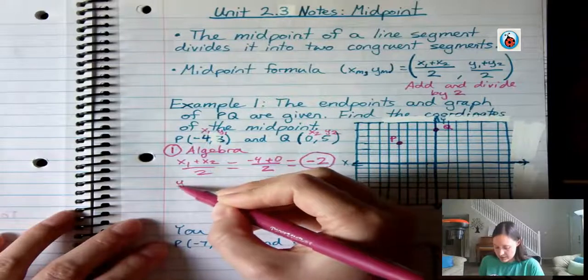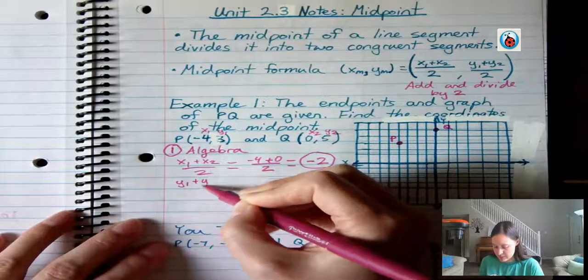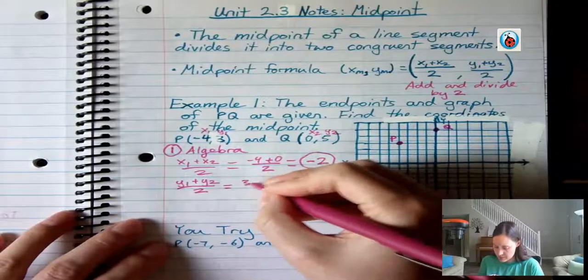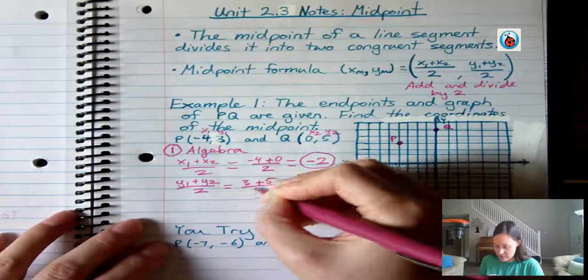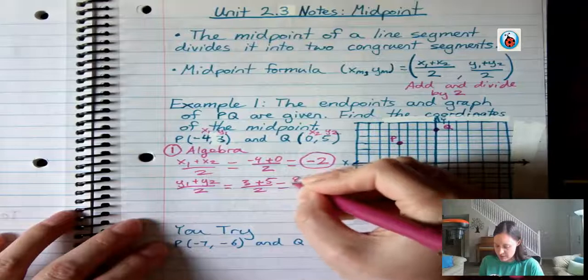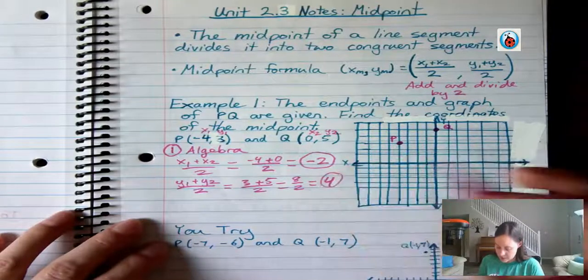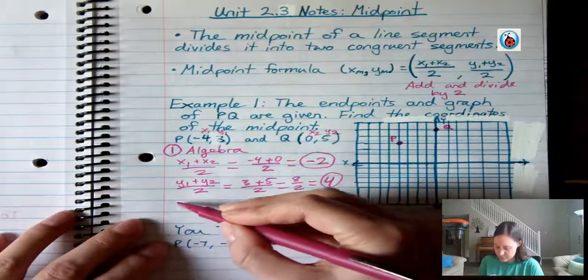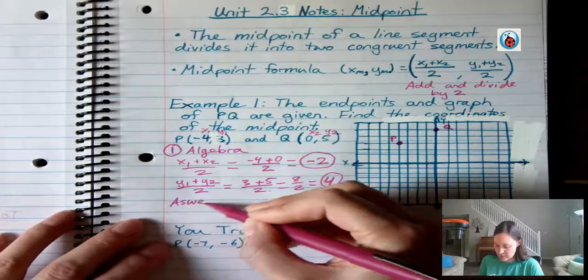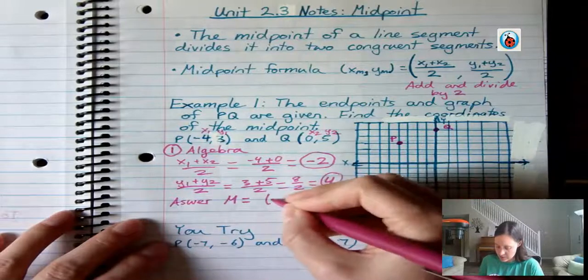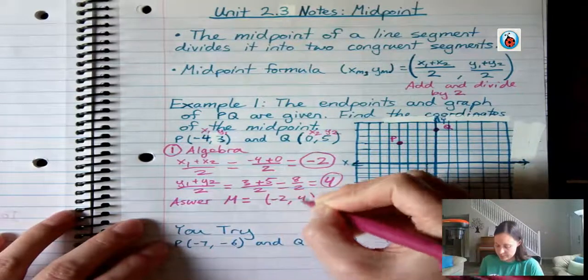Then I do it again for the y's. y1 plus y2 divided by 2 means I do 3 plus 5 divided by 2, which gives me 8 divided by 2, which gives me 4. And so my answer is M, my midpoint, equals (-2, 4).